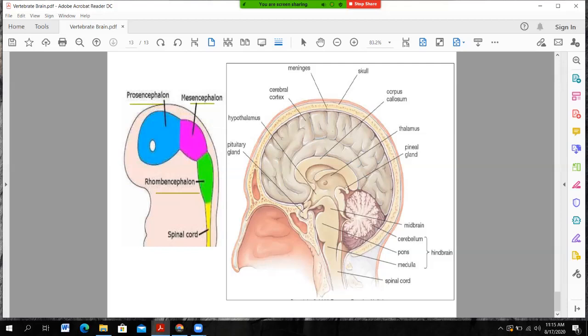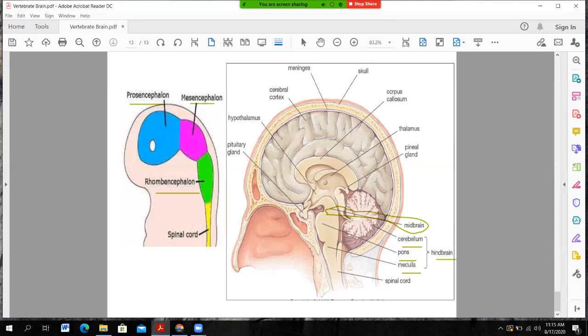Mesencephalon is called the midbrain, and it develops and forms the midbrain section of the brain. The rhombencephalon is called the hindbrain, and it develops into the hindbrain structures. The hindbrain consists of the cerebellum, pons, and medulla.